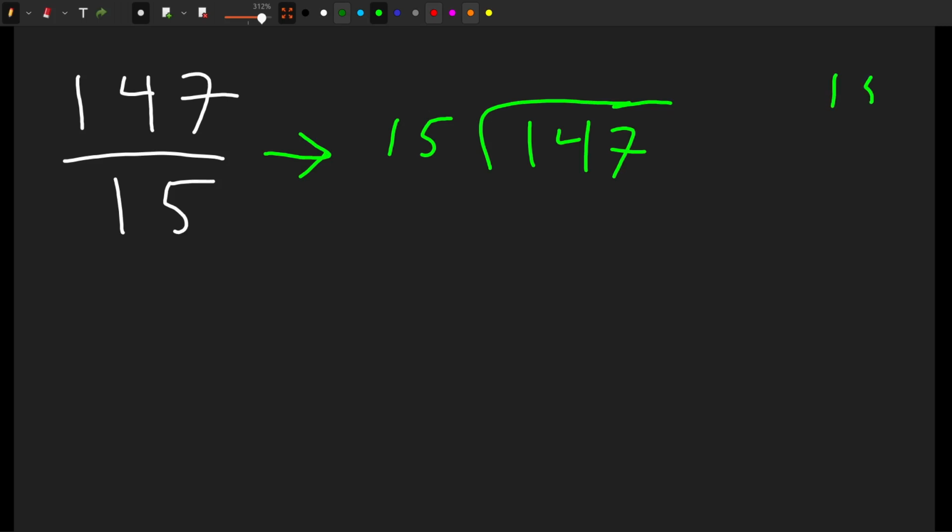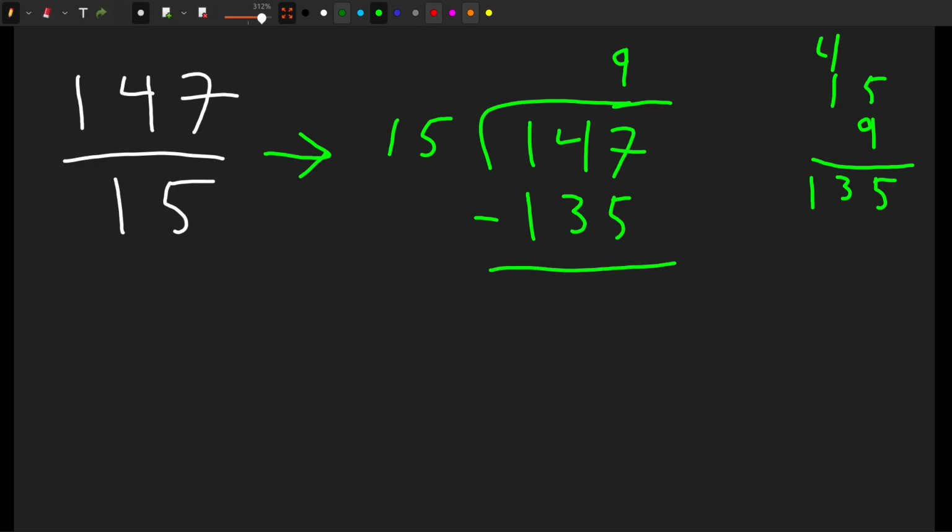If we work this out on the side, we get 15 times 9. We get 5 times 9 is 45. 9 times 1 is 9, plus 4 is 13, so 135. So we get 9 on the top. Well, that came out completely wrong. 9 on the top. 135 on the bottom.